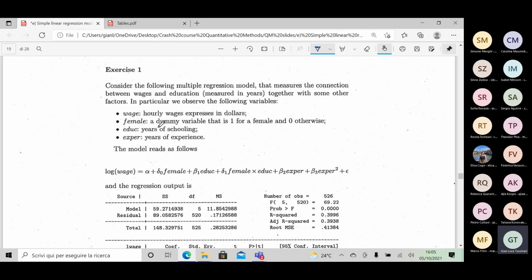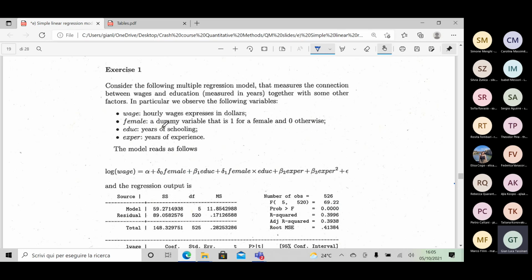Then look at the second individual. If the second individual in your sample is still a male, it assumes value 0. So if you have 100 observations, 100 individuals, the observations will be 0, 0, 1, 1, 0, 1, 1, 1, 0, 0, 1, 1, 1, 1, depending on the gender of the individual you consider.